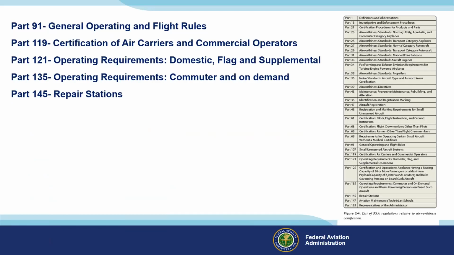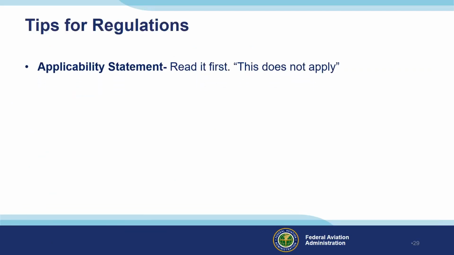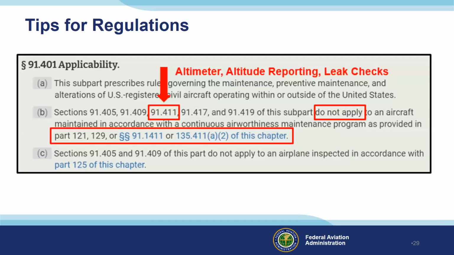Next, we're going to be looking at some tips when you're reading the regulations. Always read the applicability statement first, because you can waste a lot of time and find out that it doesn't even apply to the aircraft that you're working on. Here's an example.